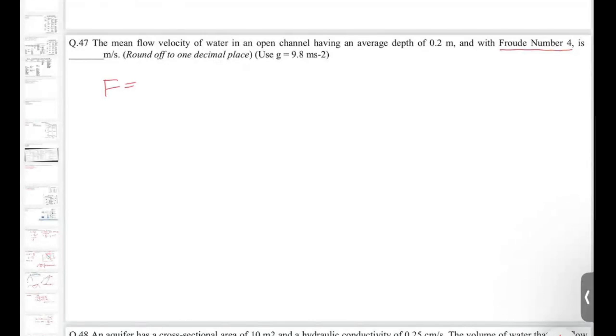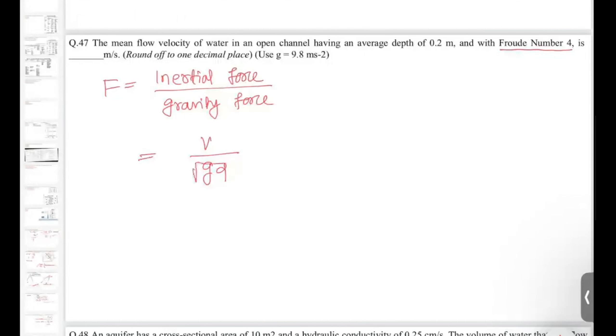The first thing you must know is the concept of Froude number. The Froude number indicates the ratio between inertial force and gravity force. Mathematically it can be written as V divided by the square root of gD.